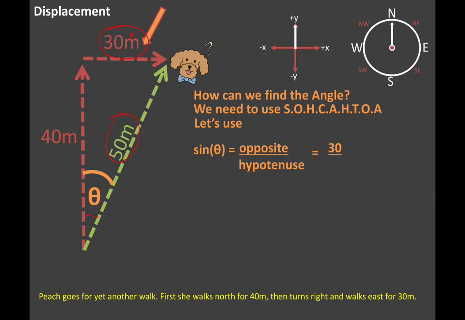So let's find sine theta, which is equal to 30 divided by 50. The hypotenuse is 50. 30 divided by 50 is equal to 0.6. If sine theta is equal to 0.6, let's find the sine inverse, which is equal to 37 degrees. That means theta is 37 degrees.